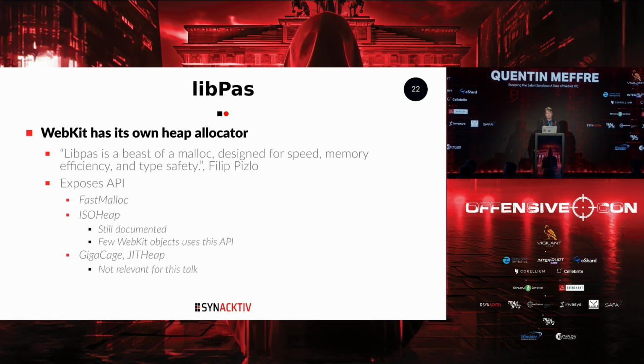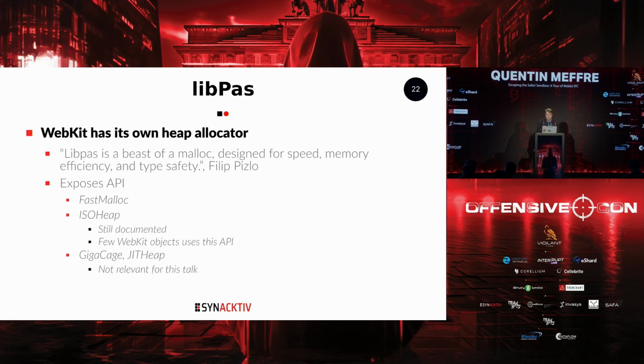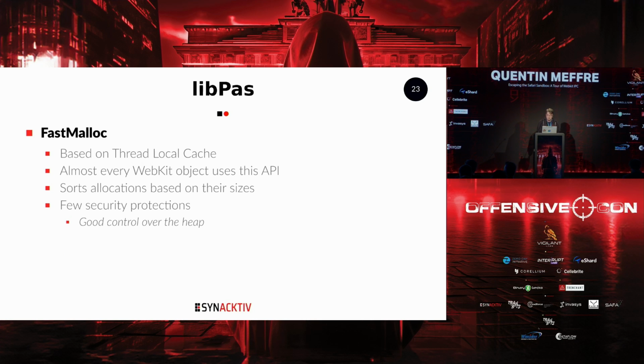WebKit also has its own heap allocator named libpas, which has been designed to be one of the most performant allocators. And libpas exposes some APIs. For example, the best known one is fastMalloc, but we also have the IsoHeap, the GigaCage, and the JIT heap, but I will not talk about those APIs that are not relevant for this talk.